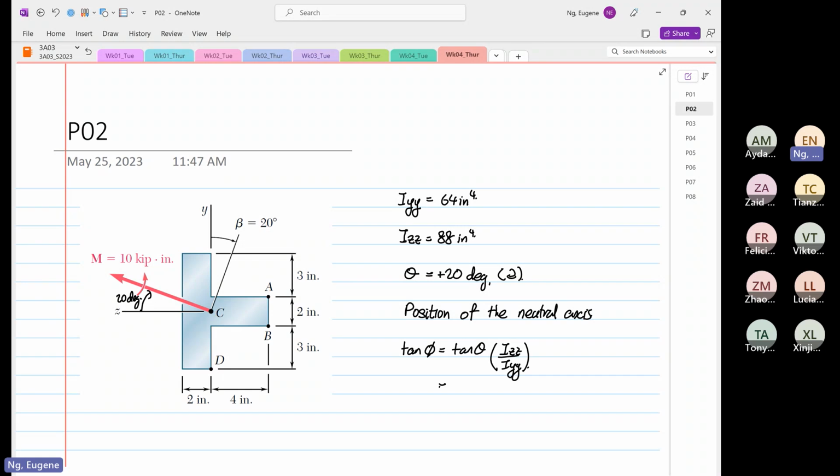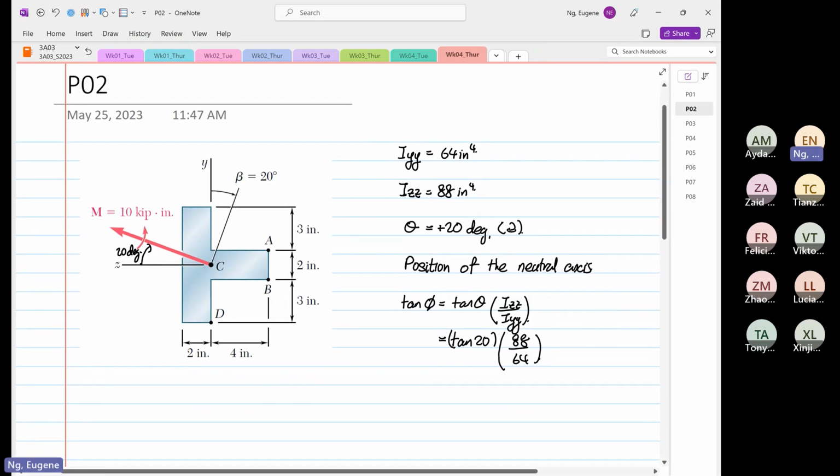So this will be equal to tangent 20. Okay. And then multiply by IZZ, which is 88 over 64. And then from here, we can compute our phi.